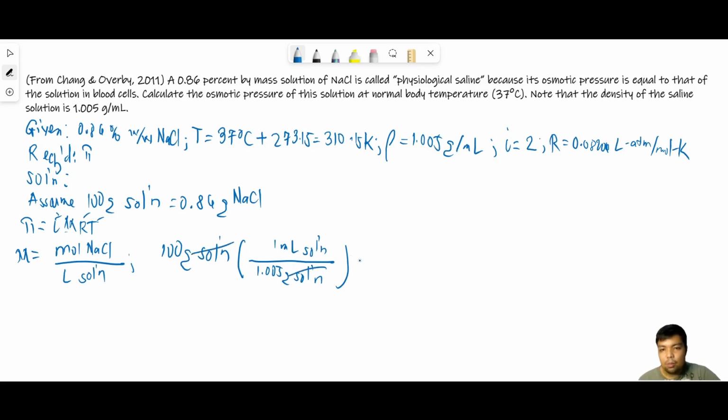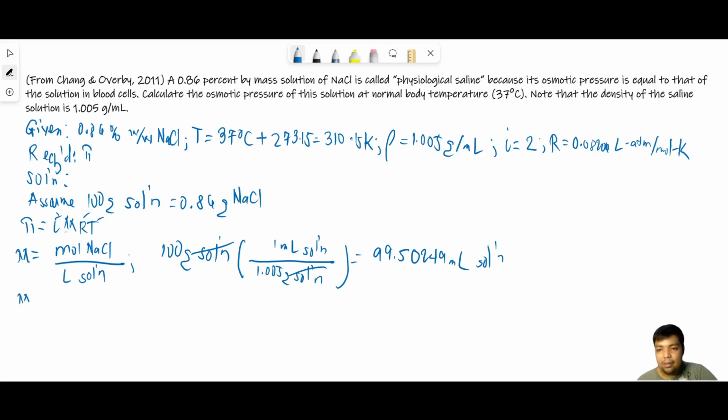And that is equal to 99.50249 milliliters of your solution. So we already have this one. We can now use this to get the molarity of your solution.